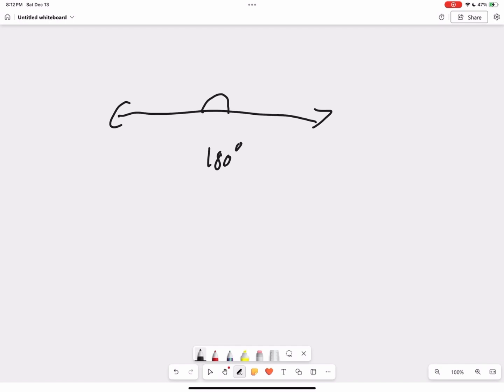Now, let's say we put a line right here. Notice how it cuts the circle into this angle right here and this angle right here. That's one way to think of it. This could be theta 1 and this could be theta 2.